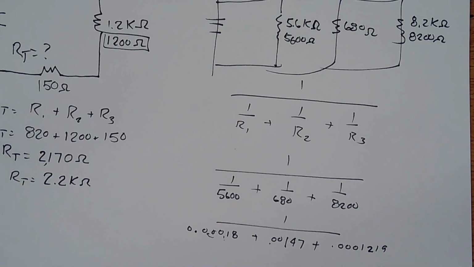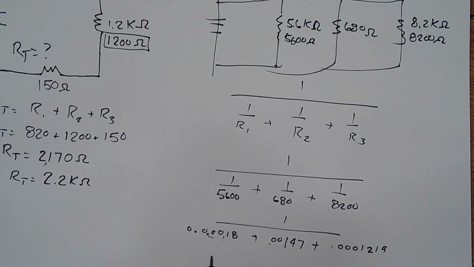So then I'm going to have that number plus 0.00147 plus 0.00018, and that gives me that, and I can memory store it. That gives me 0.00177.